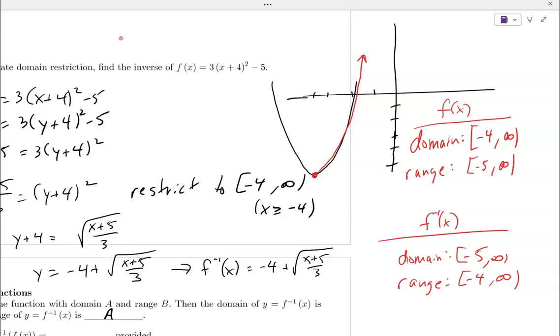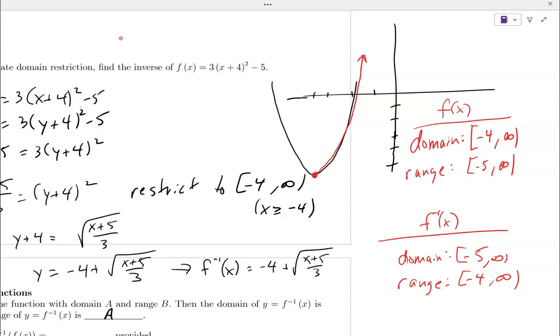What can go wrong with square roots? Negatives, right? What do you need then to be true for the underneath that radical? We need that x plus 5 to be greater than or equal to 0, or x is greater than or equal to -5. So notice that property we just talked about a minute ago matches up with exactly what we would have had with this previous example, right?